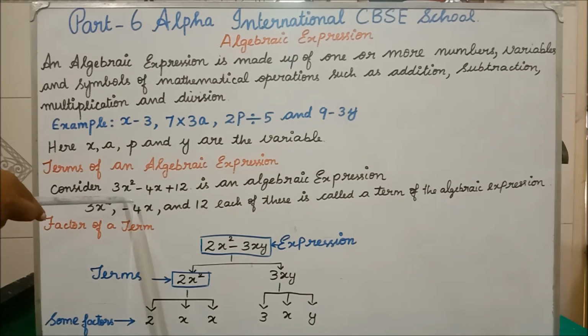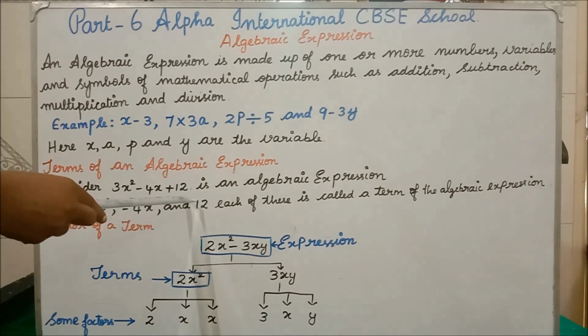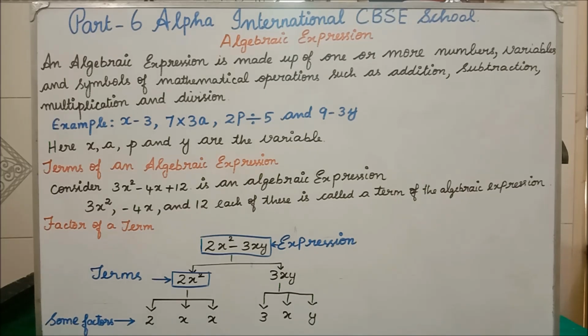This is one term, this is the second term and this is the third term. 3x square is the first term. The second term is minus 4x. The third term is 12. Each of these is called what? Terms of the algebraic expression.